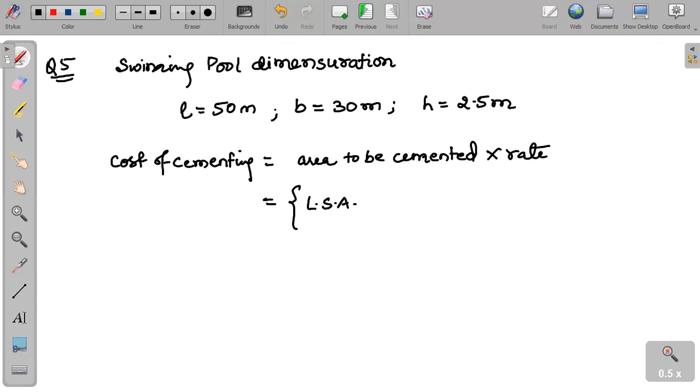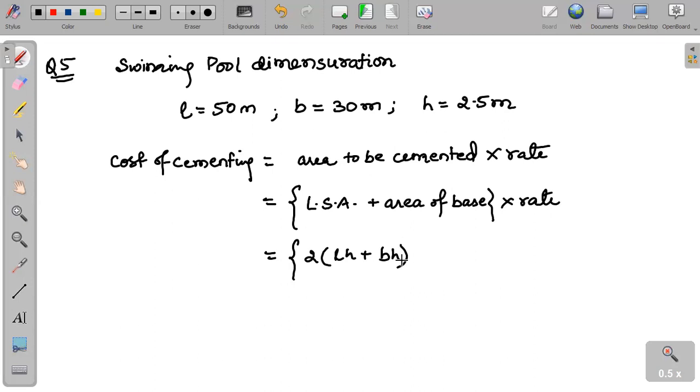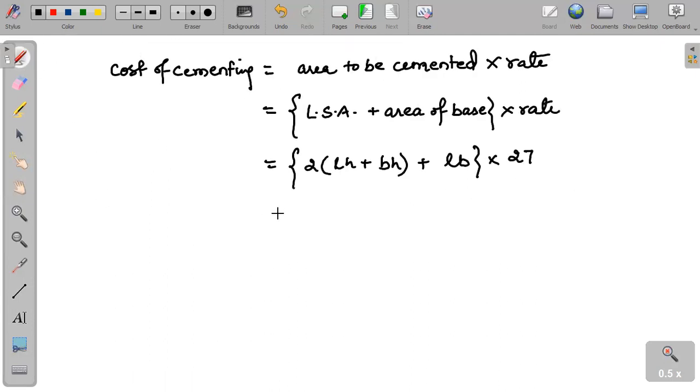Lateral surface area plus area of base. Is that okay? Into rate. Now we can fit in the data. Lateral surface area is going to be 2(LH plus BH) plus LB, into rate 27. So what happened?